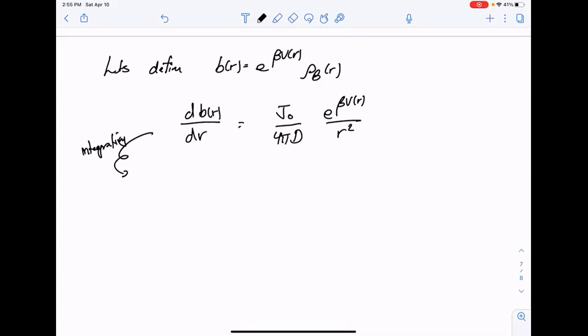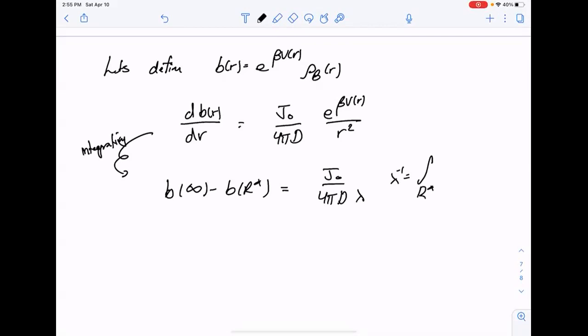At our boundary condition, so B of infinity less B of capital R star. The J naught, 4 pi, and D are constants. And in addition, we'll have this factor lambda inverse, which is the integral from R star to infinity of this upside down Boltzmann factor over R squared. That has units of length inverse.